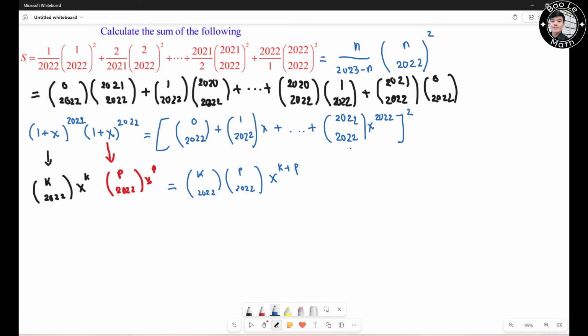Now we need to find the coefficient in front of s to the 2021. Alright, so this is the coefficient. We need to find this one.